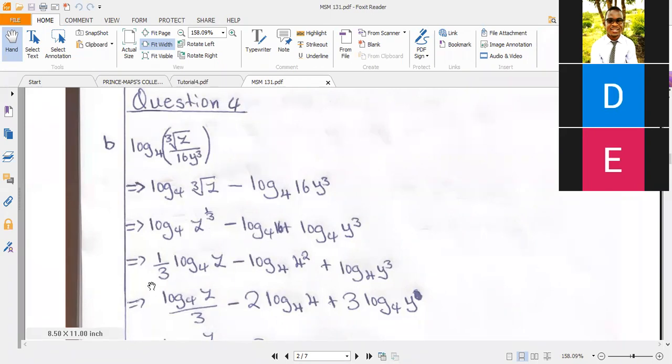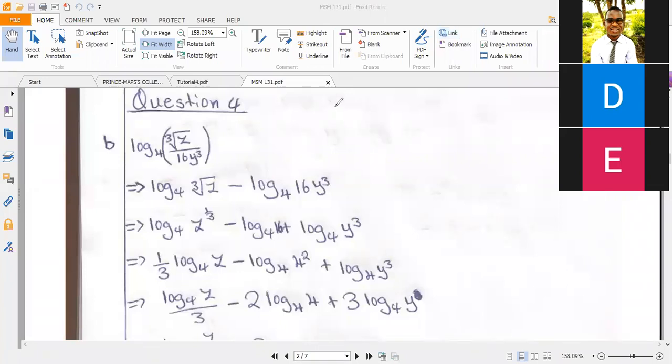Sir, before you go further, can you kindly explain again how this one became negative log 4 16y to the 3? Okay, this is the concept that I mentioned.